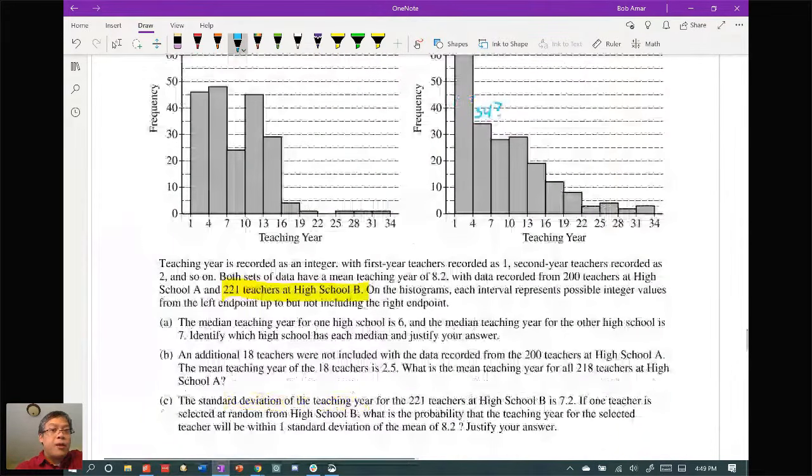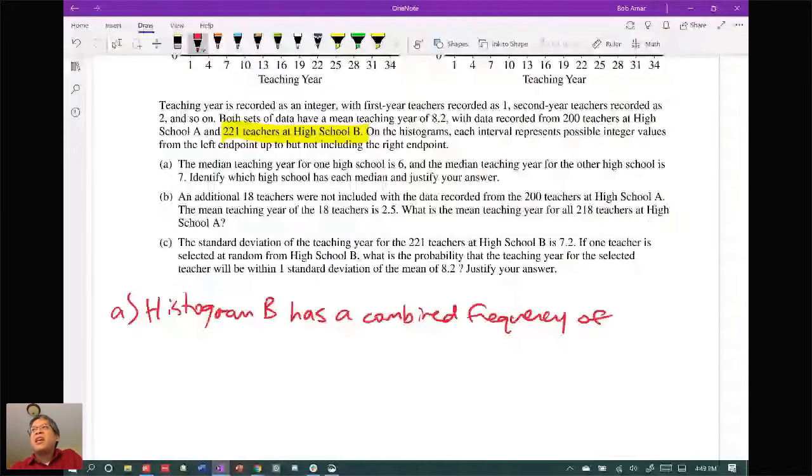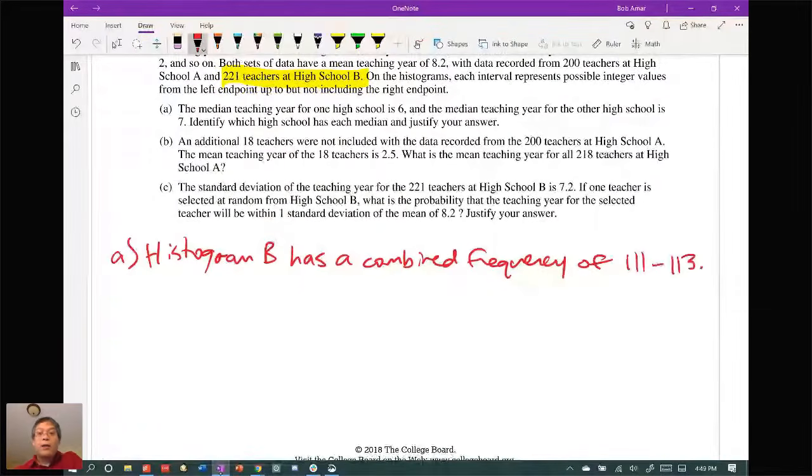Histogram B has a combined frequency of basically 79 and 34, somewhere in the neighborhood of 111 to 113. Okay, I'm guessing it's somewhere in that neighborhood already.